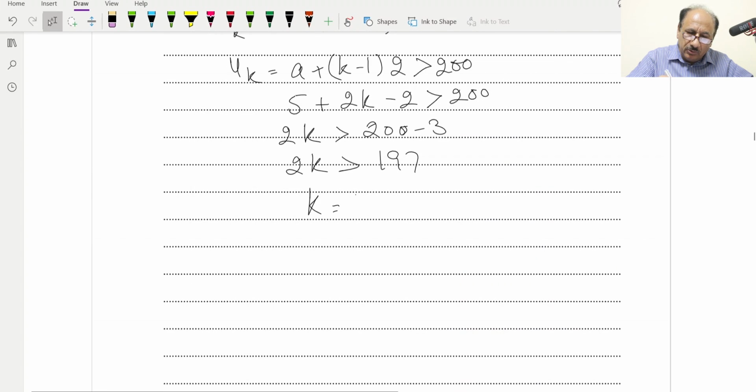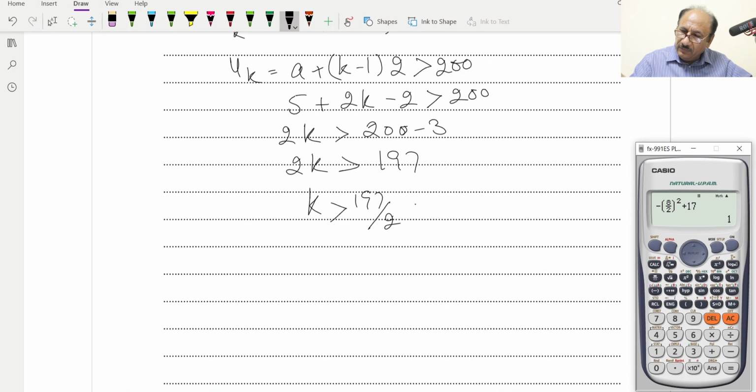K will be equal to 197 divided by 2, and 197 divided by 2 will be equal to 98.5.